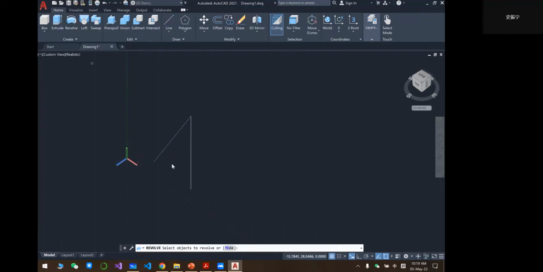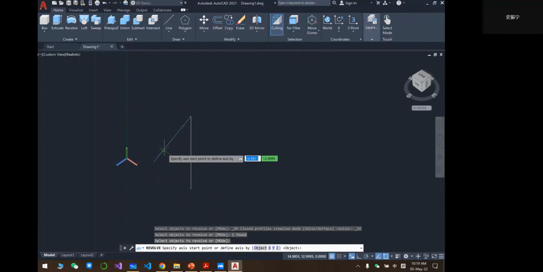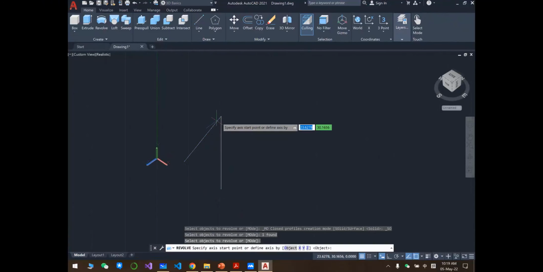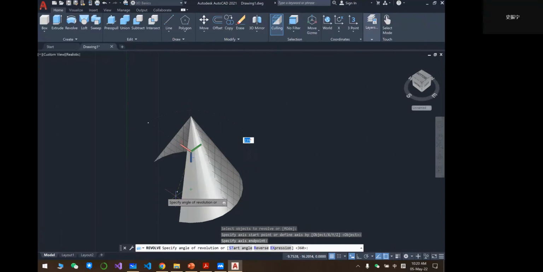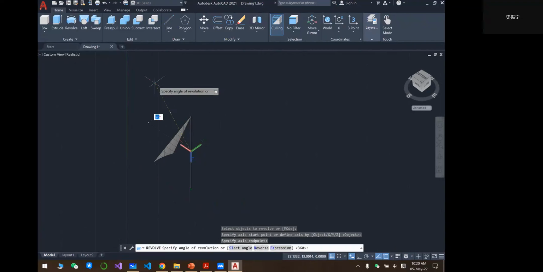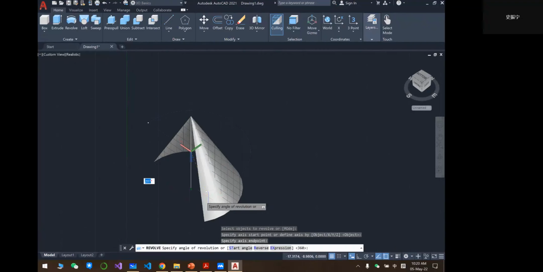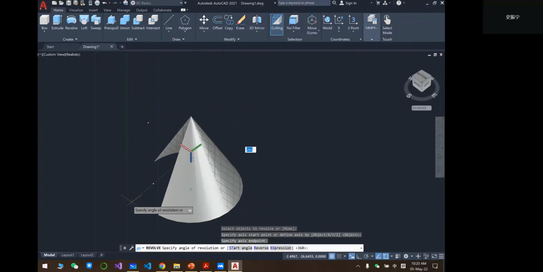So now please see it. Okay, so you can see I rotate this line, and I can get a cone, a surface. I can get the surface of the cone.